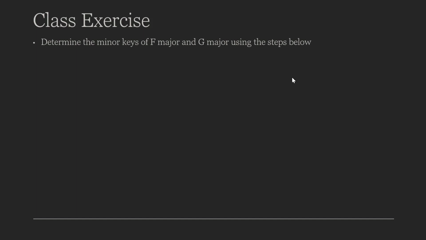I think we should be done by now. Oh, I made a mistake. Okay. What was your question again? You have to get the relative minor of F major and G major. I'm counting forward instead of backward.